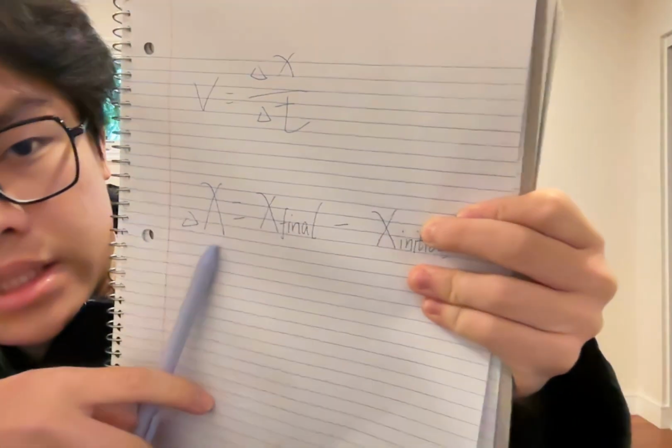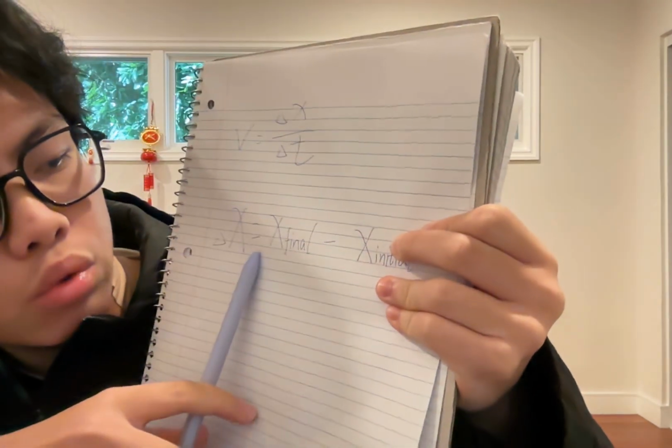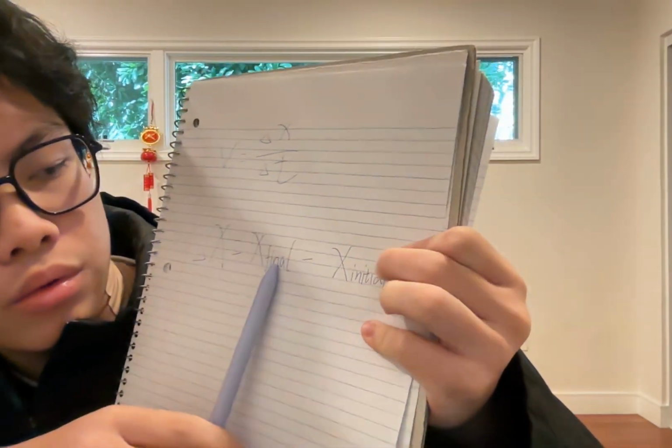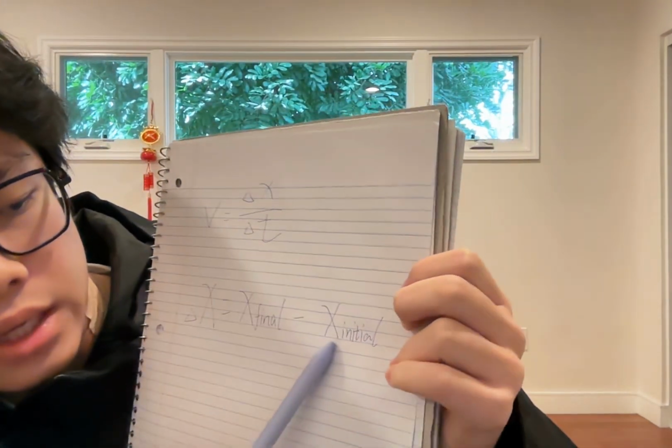And the formula for displacement looks like this: delta x equals x final minus x initial. The x final is the final position. The x initial is the starting position.